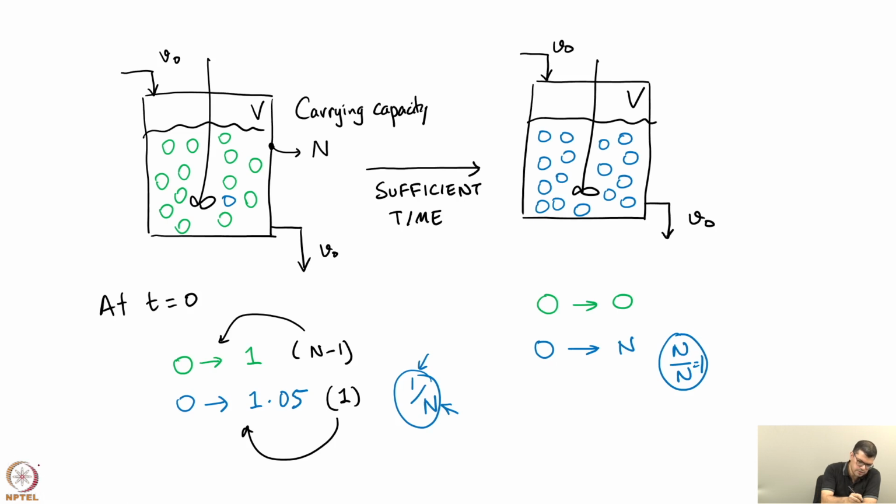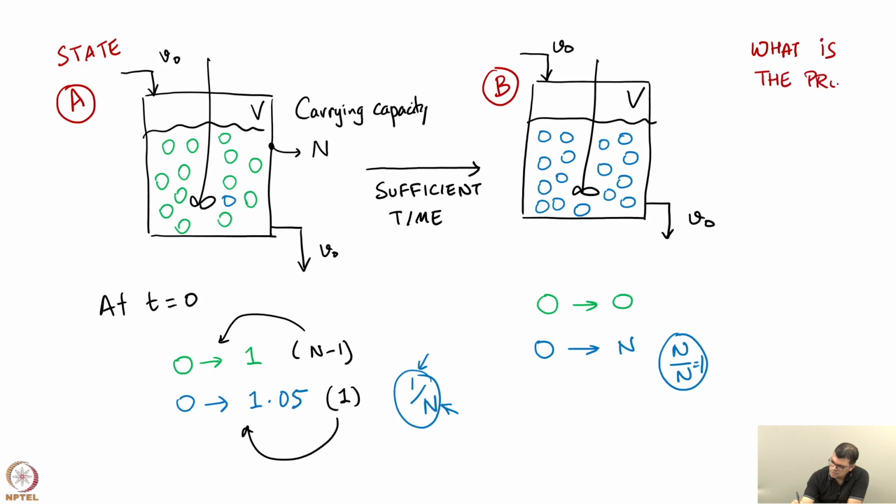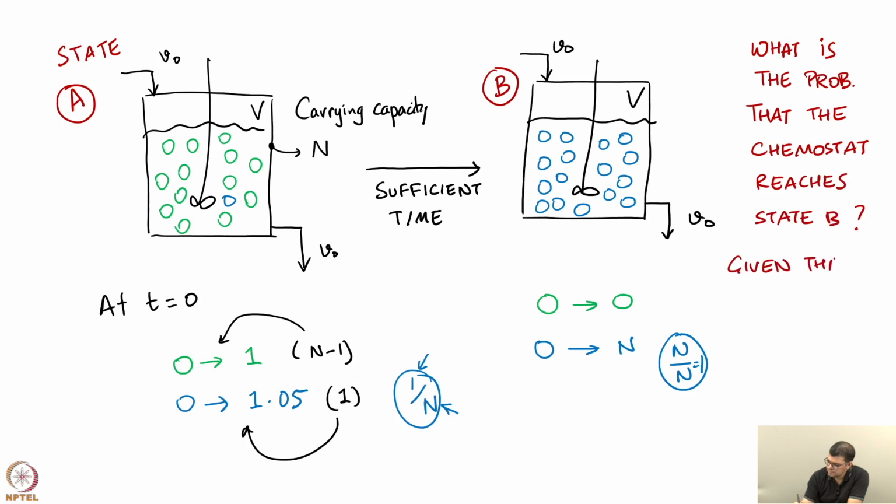Let's call this state of the reactor state A, and let's call this at a later time state B. And the question that we should think about is, what is the probability that the reactor or chemostat reaches state B, given that state A has already happened?